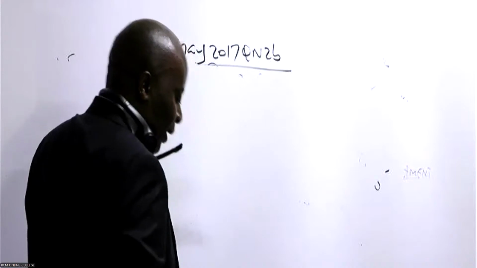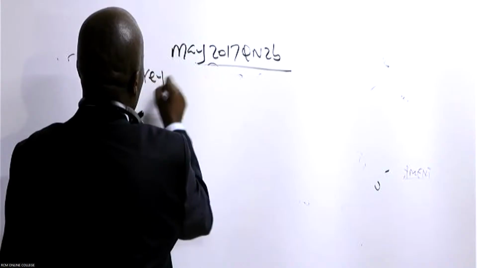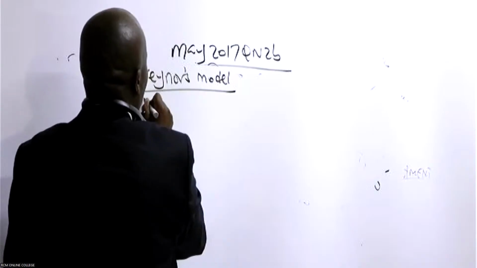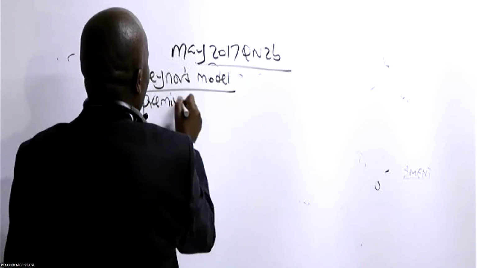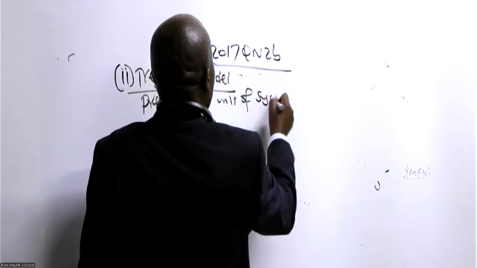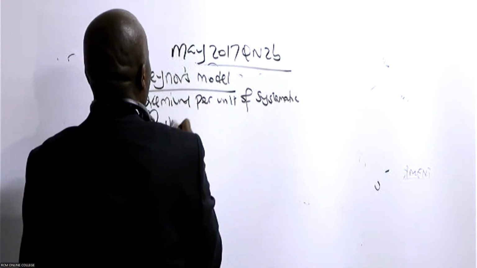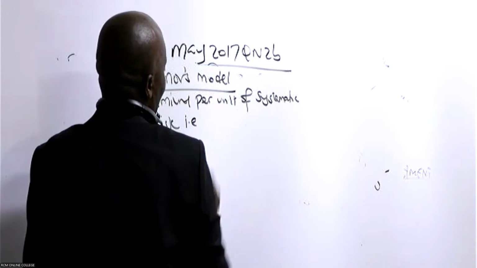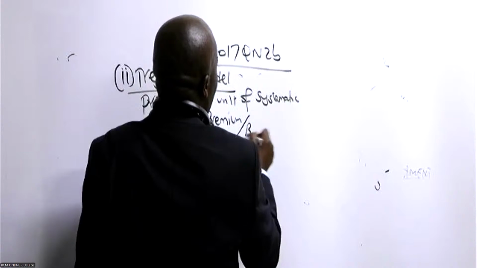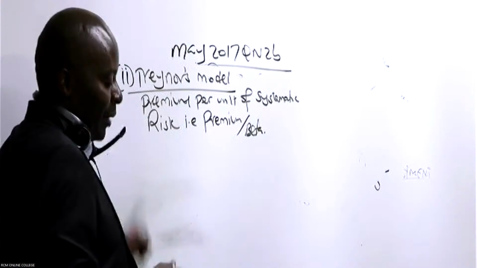The Treynor model gives premium per unit of systematic risk, i.e., it is premium over beta, because systematic risk is measured using beta.